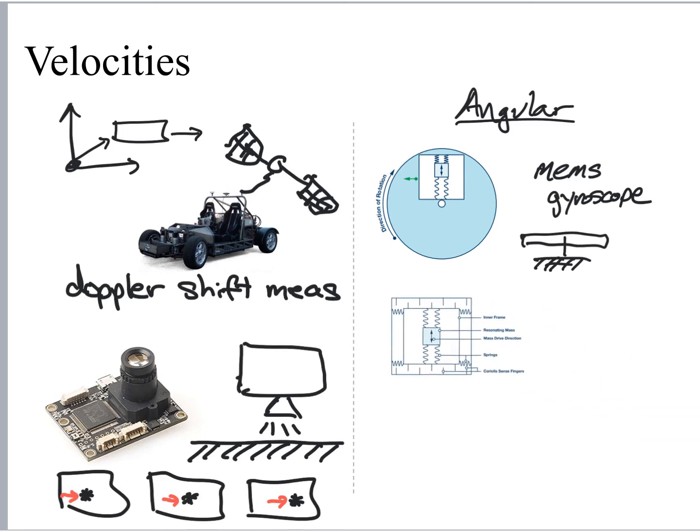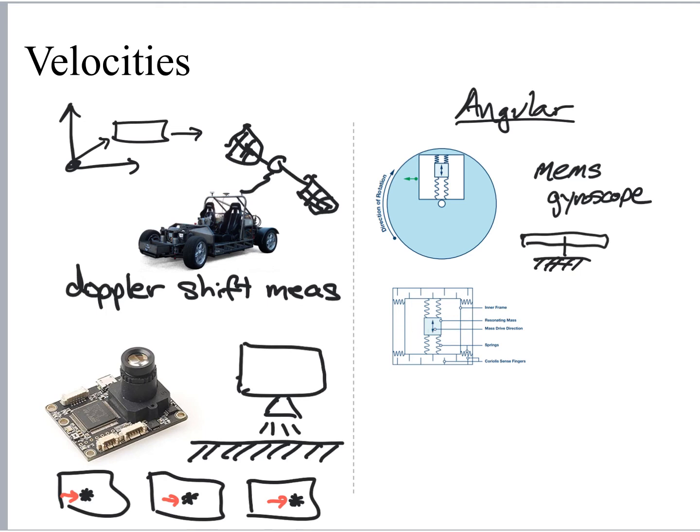And if I bring in another schematic of this sensor, you should be able to see why this works. So we have an inner frame and an outer frame, and then the sensor that bounces back and forth. And as that gets displaced, it causes the displacement of this inner frame to the left or the right.